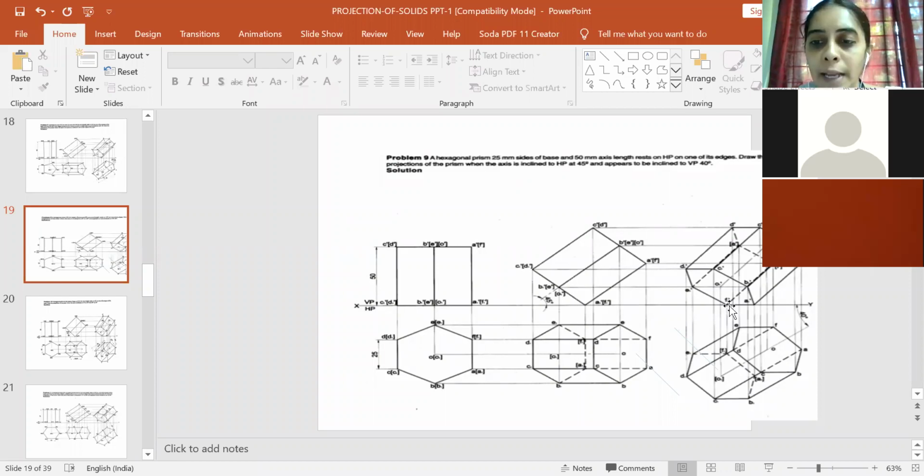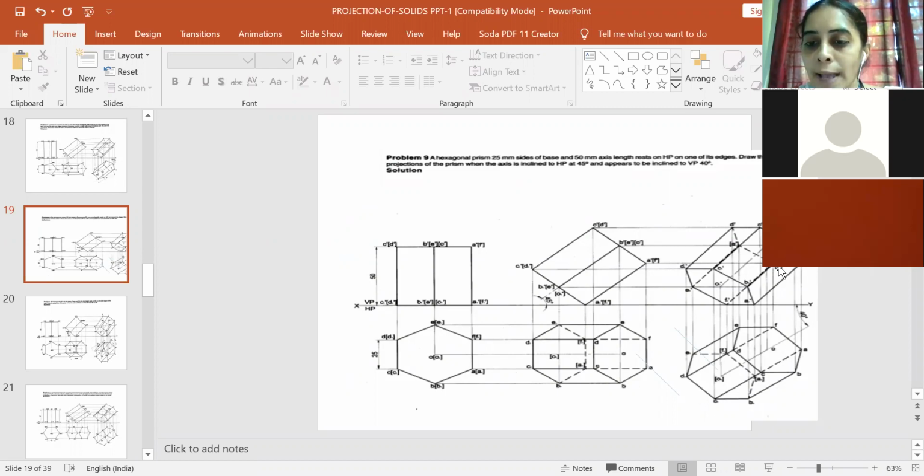So we have now named all the sides of the bottom surface. Don't darken it, just do the naming. Then please go for the top surface. The locus of A is meeting A dash at this point. Write it as A dash. The locus of B is meeting B dash at this point. So please write it as B dash.